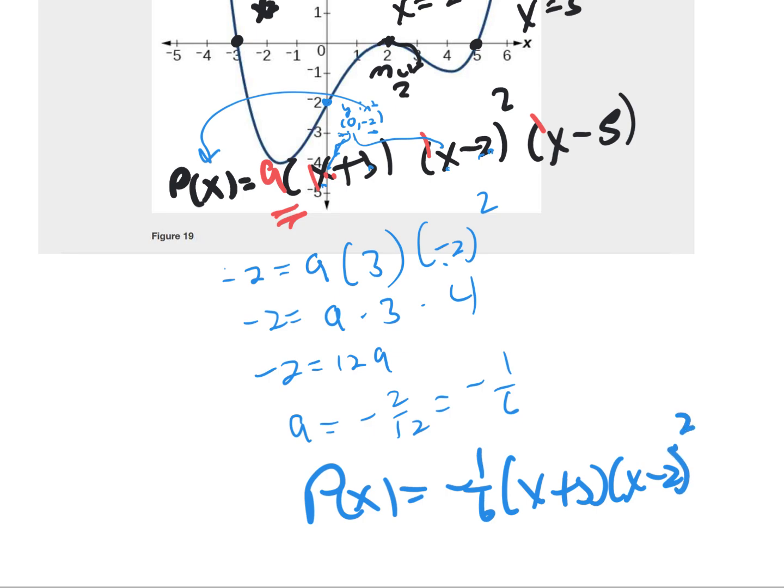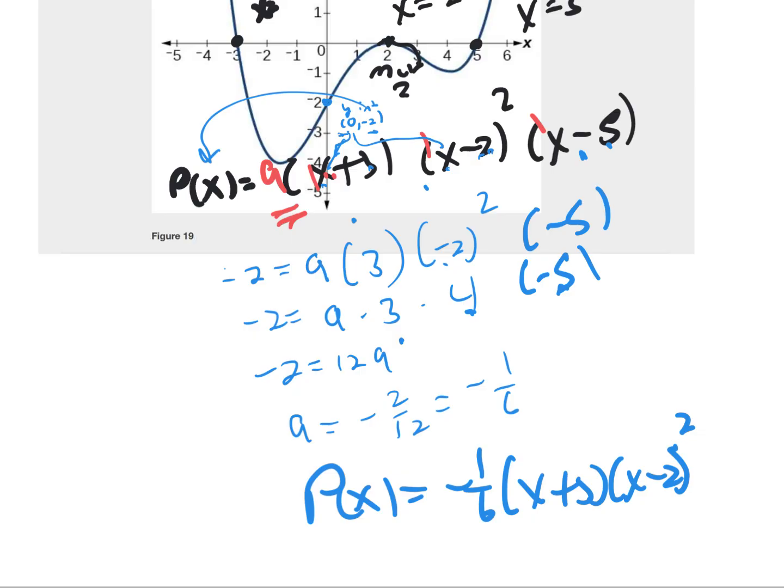squared. Oop, did I forget to do the x? I forgot to do the x minus 5. Sorry. There is a minus 5 here. 0 minus 5. Oops. Negative 5. So I forgot to do that. 3 times 4 times a negative 5. So it's not going to be a 12a.